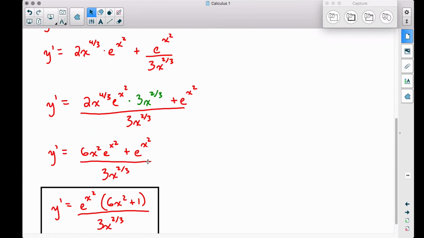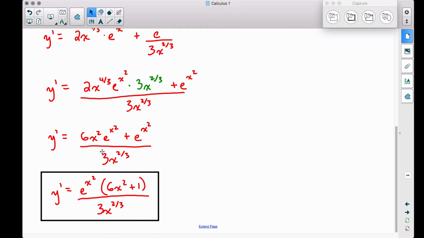Next we added exponents. x to the 4/3 times x to the 2/3 is going to be x squared because you get 6/3 as your exponent. Then factoring out a GCF, we factor that e to the x squared out, leaving us with this answer down here. Now again, pause the video, work that out using the product rule, and check out some of the previous videos on product rule.